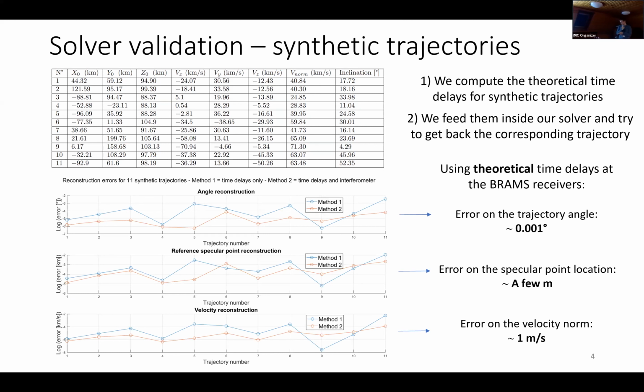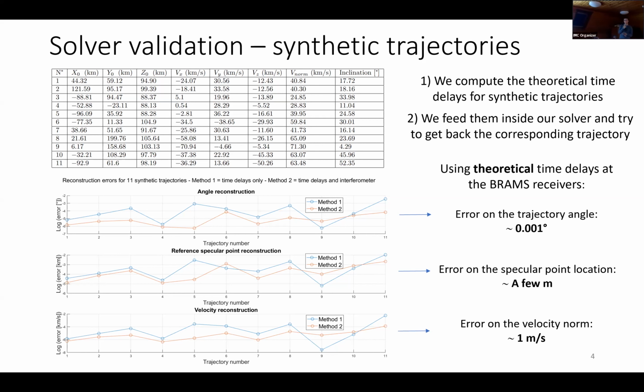This is what we obtained. You can see on the right the errors we obtained on the reconstruction, and that shows that in terms of inclination, position, and velocity, we are really good. So that means that our optimization algorithm works and that we can use it for reconstruction.